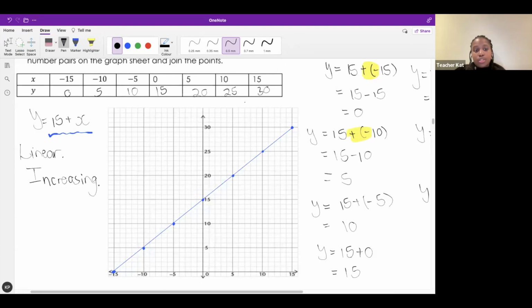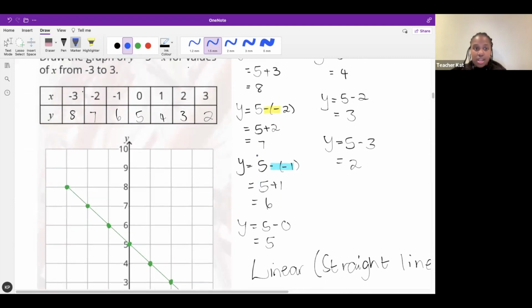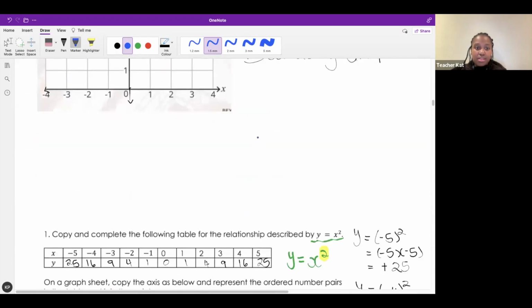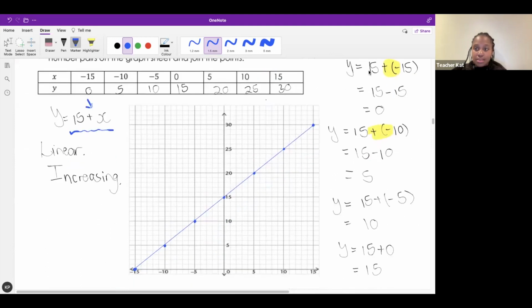Does anybody notice how we can use my formula once again? Okay, I know this is part of graphs, but does anyone know how I can use my formula to determine whether it's an increasing or decreasing graph? Let me remind you again, this was my decreasing graph, okay? My formula was 5 minus x. This one is 15 plus x.